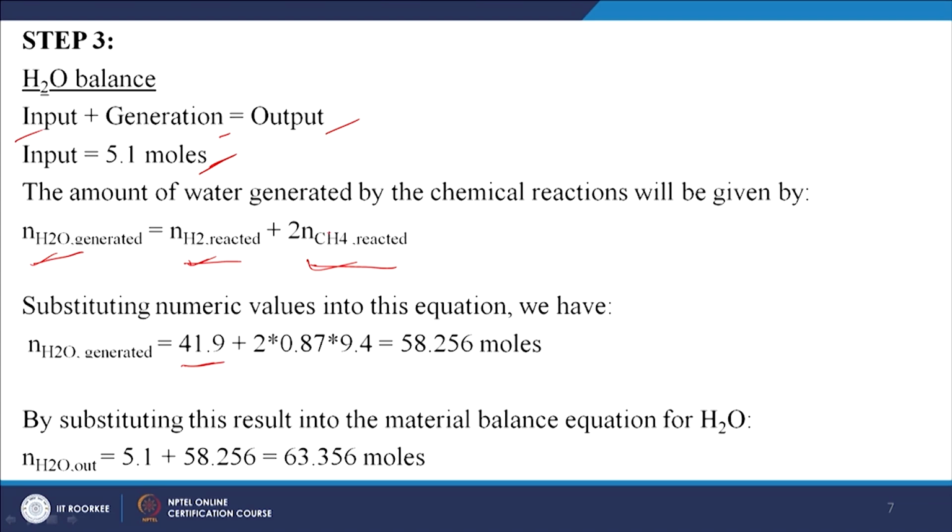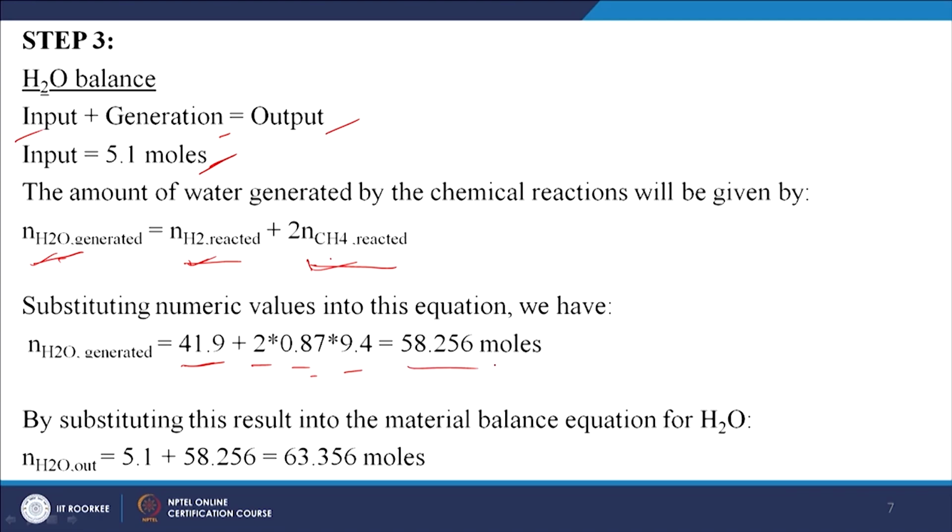Methane available was 9.4 into 0.87, that was the conversion, and 2 moles of H2 will be generated from 1 mole of methane. So, 2 into this will be our H2O generated due to methane. Overall, moles of H2O generated is equal to 58.256 moles.